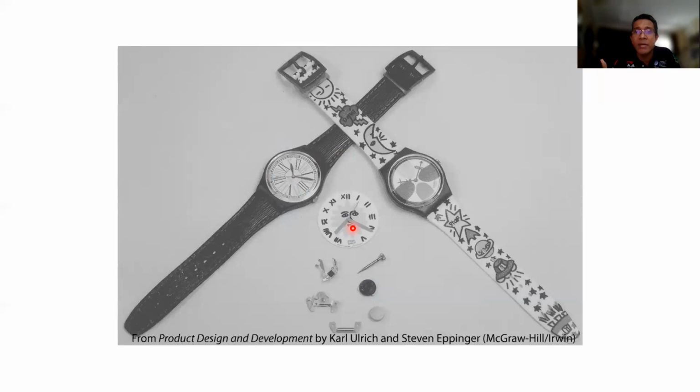So they end up with a combination strategy to create many product varieties, so the user can select based on their taste. They also can produce a different band for different types of user. For example, you can see nowadays so many watches. You can see the variation of the models of the product.